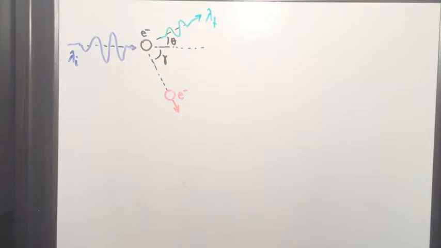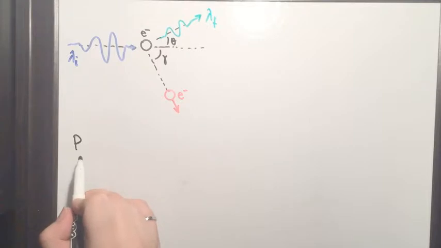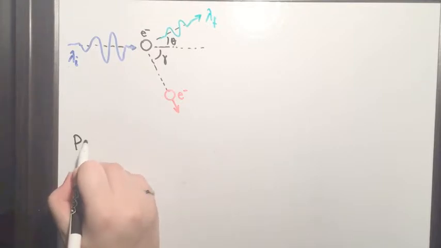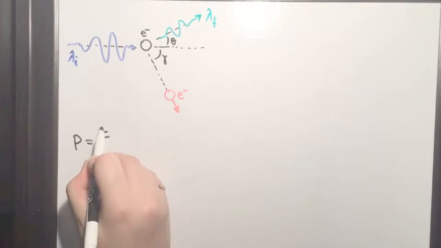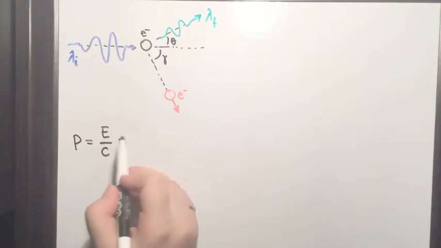When the incident X-ray photon collides with the electron, we can use the laws of conservation of momentum and energy for an elastic collision to find the momentum of the photon moving at the speed of light, c, which is given by p, where p is the momentum, equal to the energy over c.